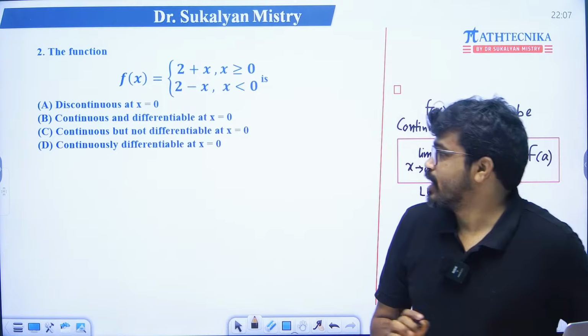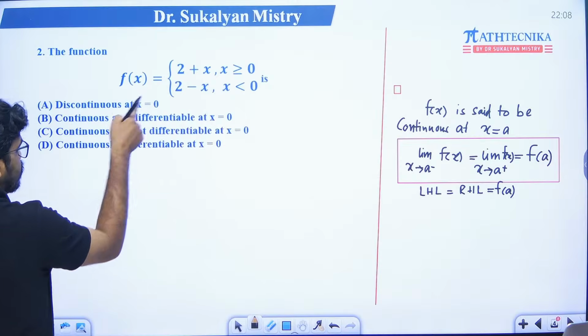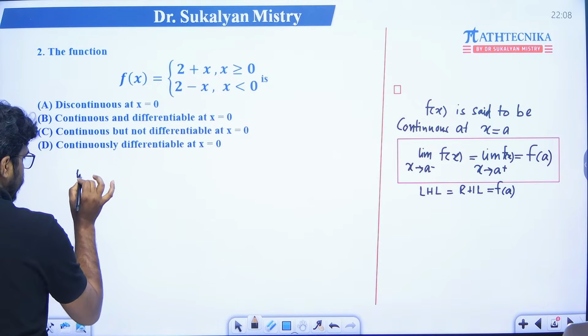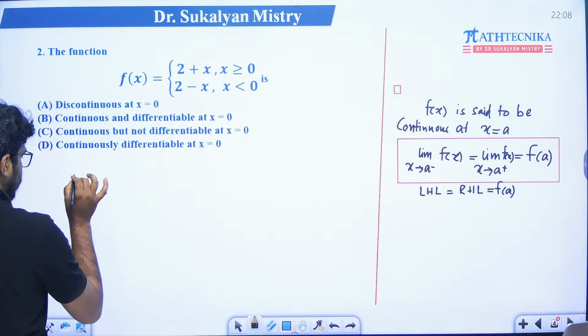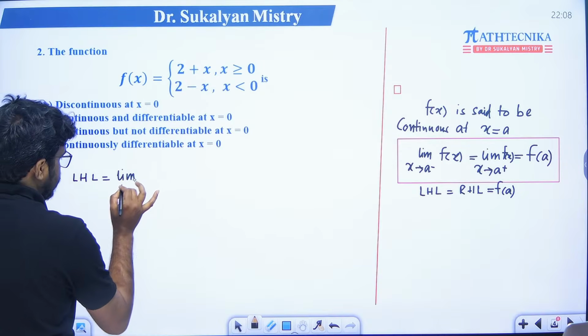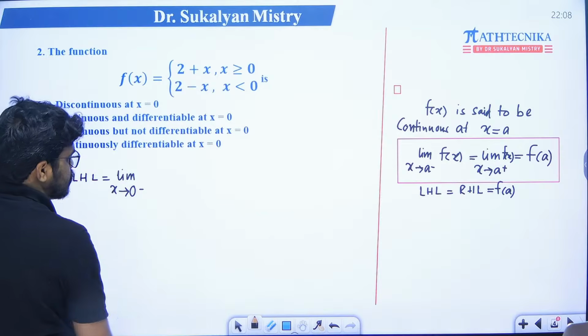Okay, so here what is given? First you calculate at the point 0. First you calculate the left hand limit, that is limit x tending to 0 minus f(x).